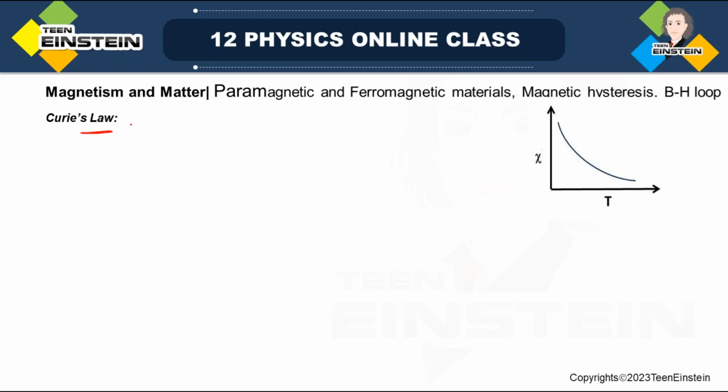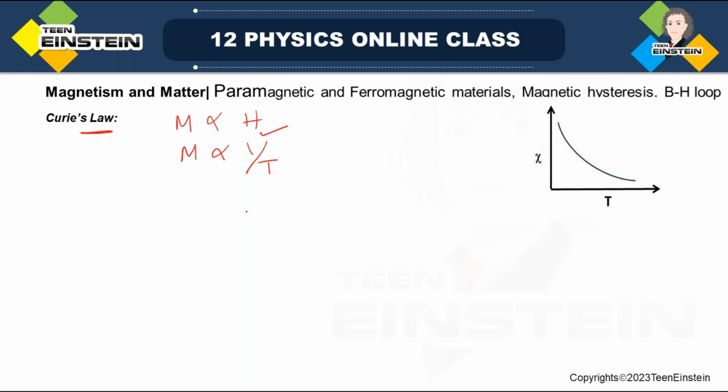So experimental results suggested that the magnetization of a paramagnetic material is directly proportional to H. From experimental results, Curie could understand that magnetization is directly proportional to the external field, and also inversely proportional to the absolute temperature.